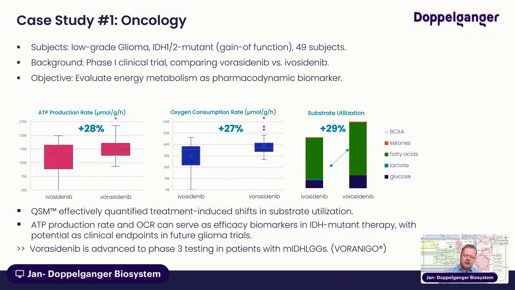And we see that obviously vorasidenib stopped this gain of function mutation in a more efficient way, and you see an increase of ATP production rate on average by 28%. So this is really significant. Please keep in mind these are brain samples, and typically the brain on the metabolic side runs really very constant.